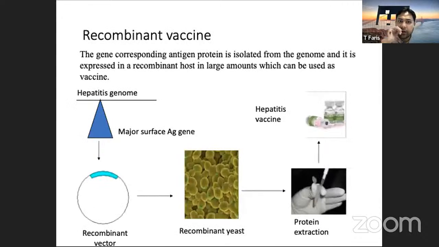All right, so this is the recombinant vaccine, where we learn from the virus structure, from the genome of the virus. We take only a certain portion of the DNA and start to grow it in yeast, and then we take the antigen from the yeast and give it to humans.